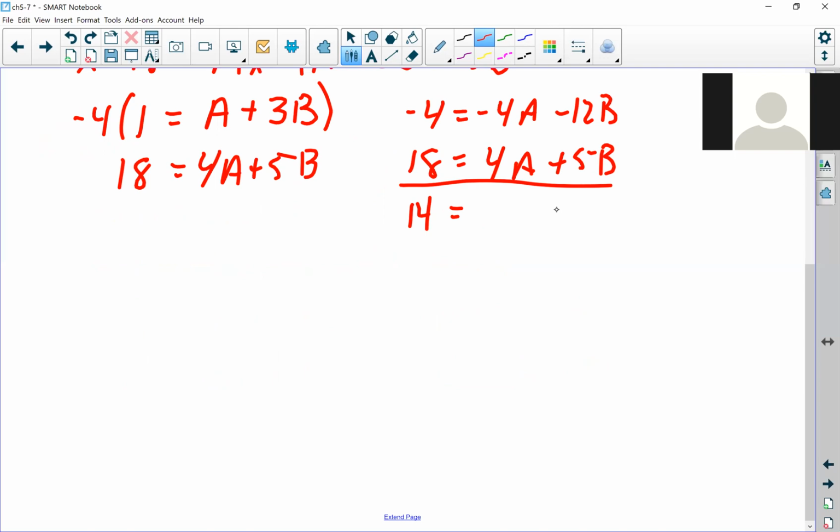The a's cancel. Dividing both sides by -7, I think I get b equals -2. Plugging that into one of my two original equations here, maybe 1 equals a plus 3 times -2.